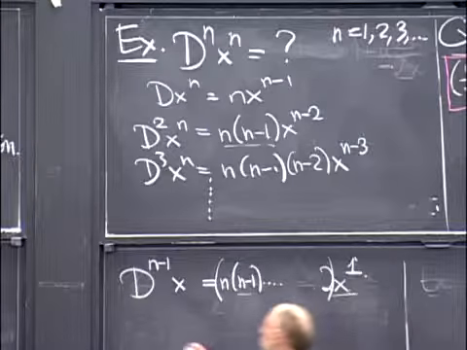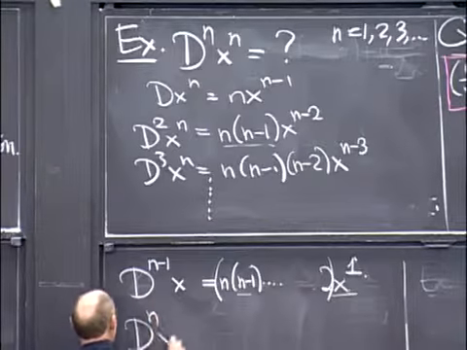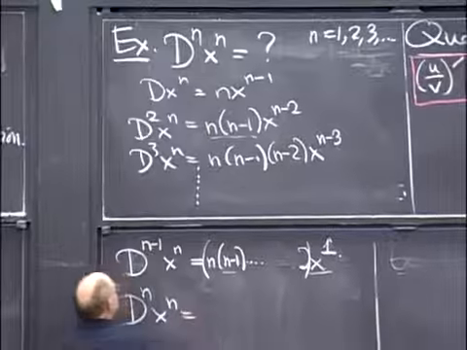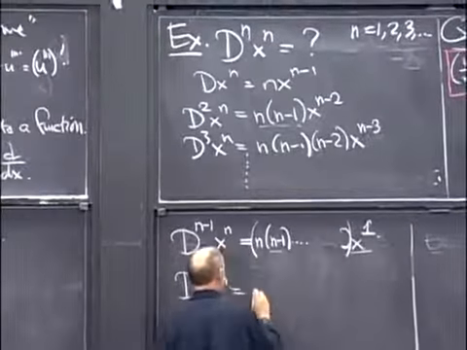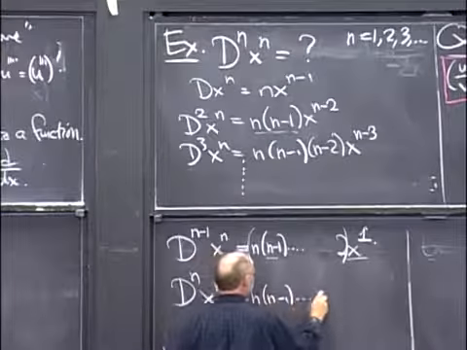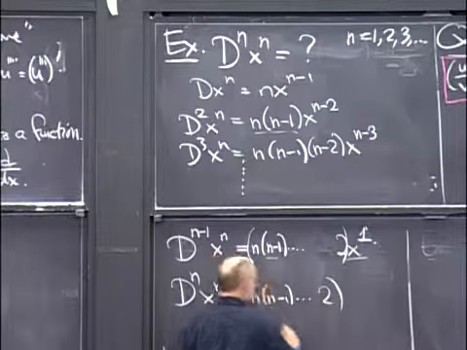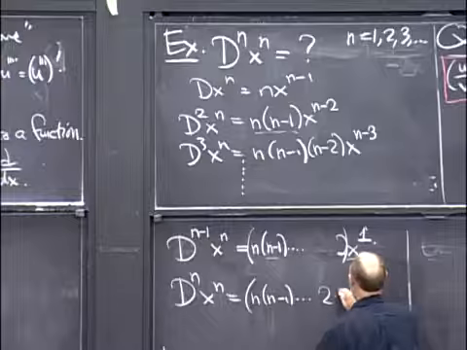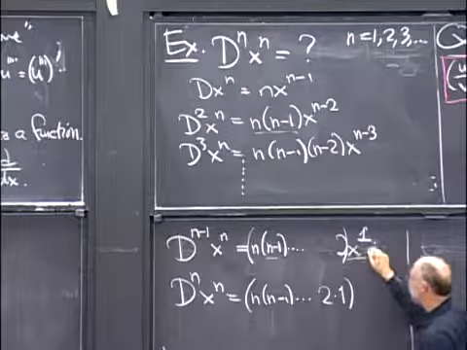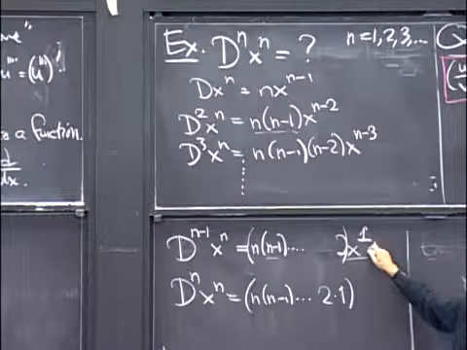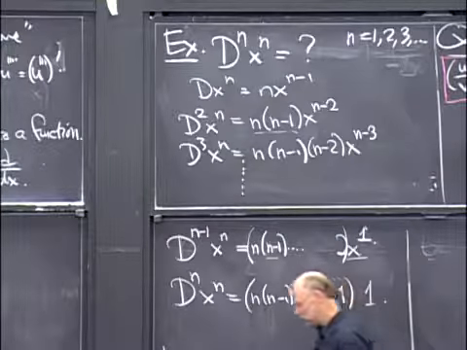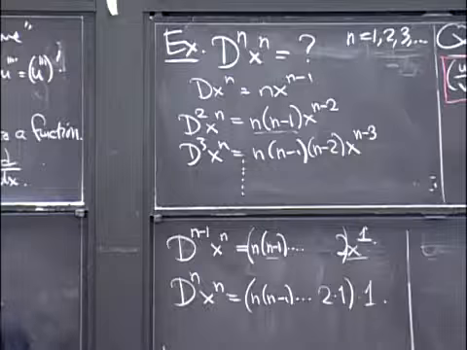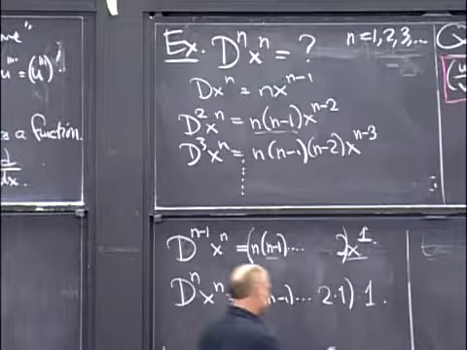And now we can differentiate one more time and calculate what D to the n of x to the n is. So I get the same number, n times n minus 1, and so on, times 2. And then I guess I'll say times 1, times, what's the derivative of x to the 1? 1. So times 1, if you like, times 1 times 1, where this 1 means the constant function 1.